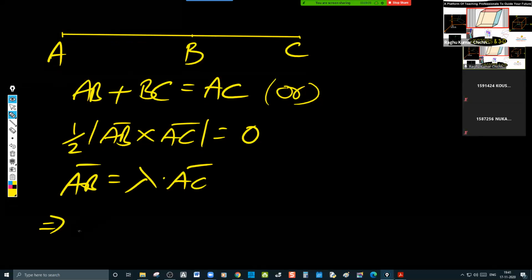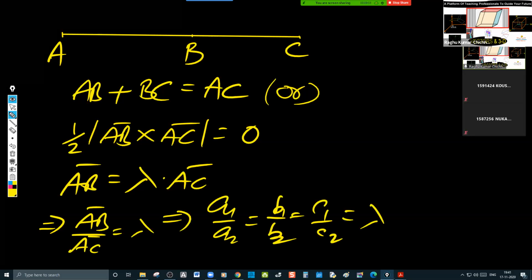AB bar by AC bar is equal to lambda. That is, a1 by a2 in three-dimensional form is equal to b1 by b2 is equal to c1 by c2 is equal to lambda. And similarly, coplanarity, there exists a linear relation between the vectors. We have seen it in the vector form.